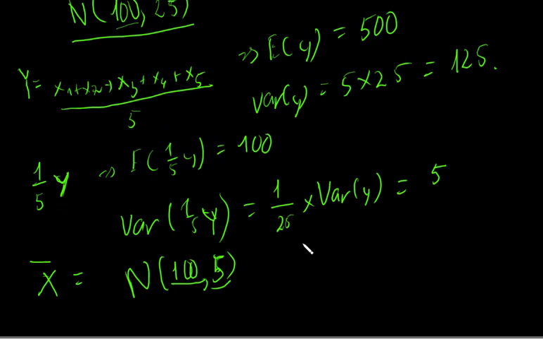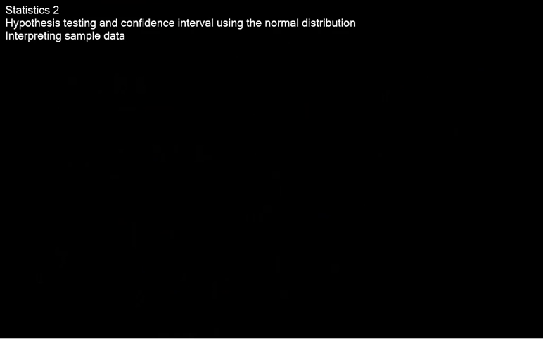So just as a recap, just say we are considering a sample of five. So say we take from the normal distribution of A and B, where this is the mean and this is the variance.